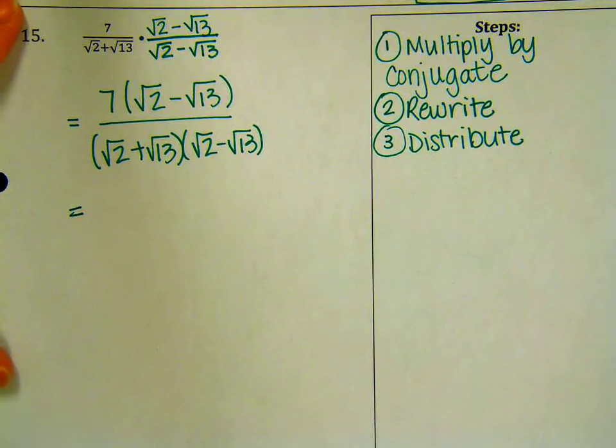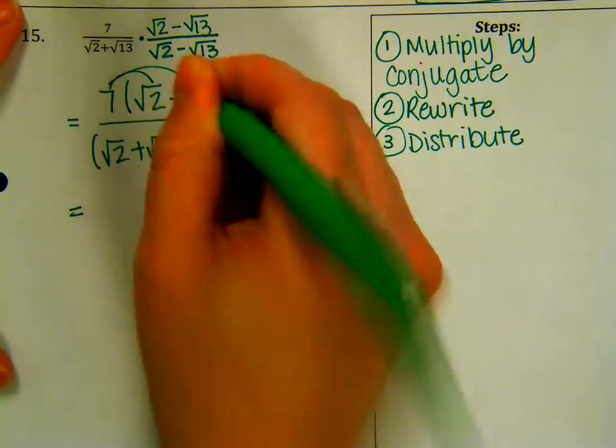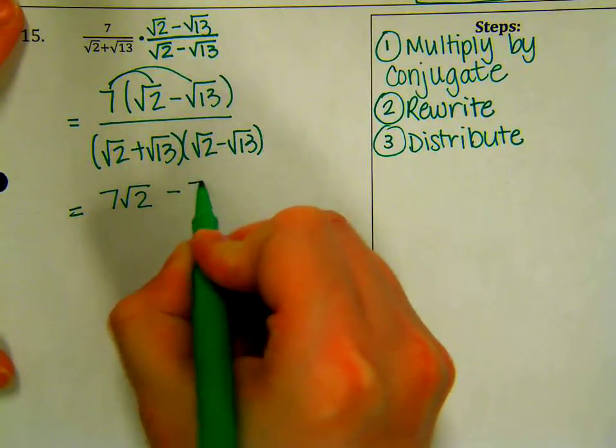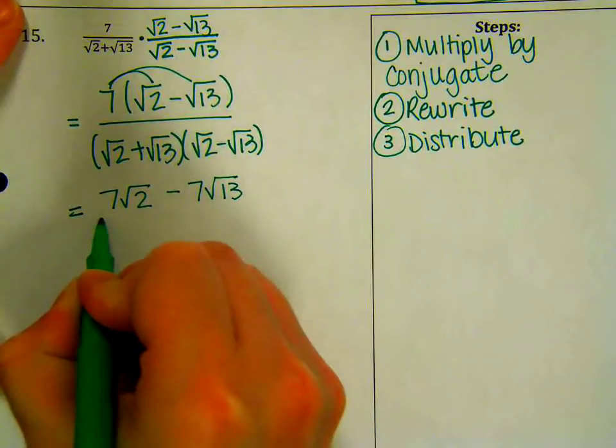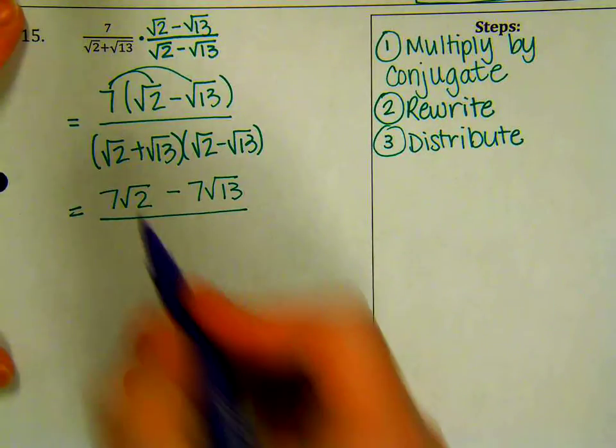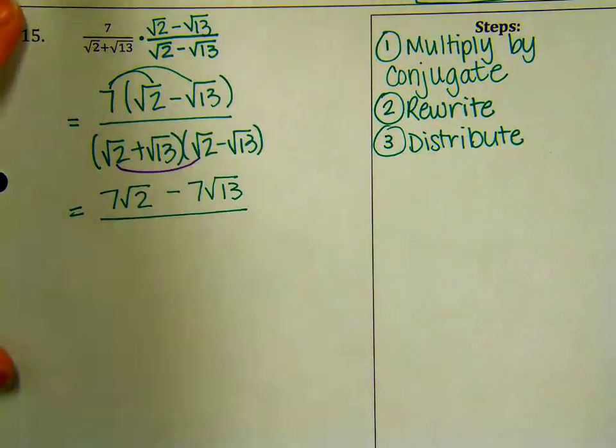So I'm distributing the 7, so I have 7 root 2 minus 7 root 13. And then in the denominator, I'm taking my shortcut. So the shortcut is root 2 times root 2, which is just 2.